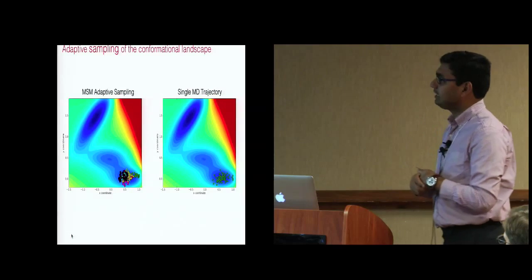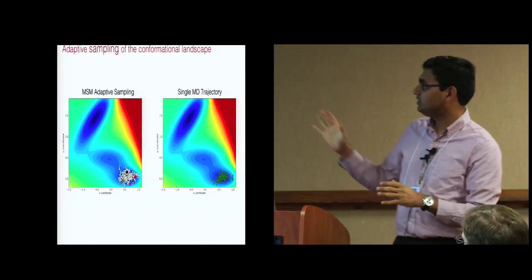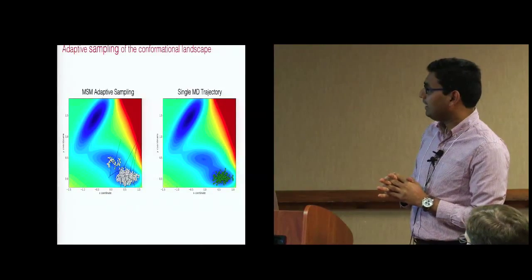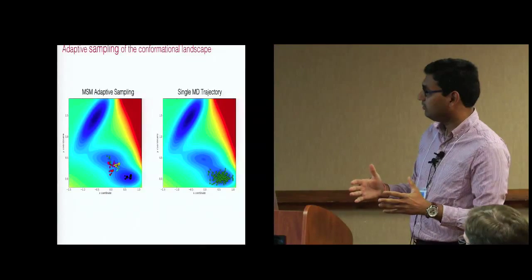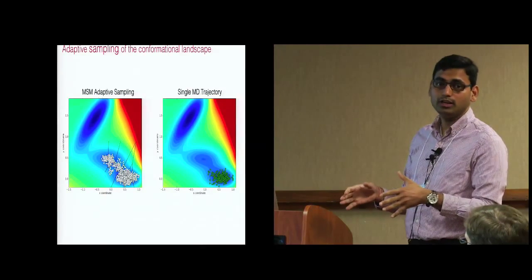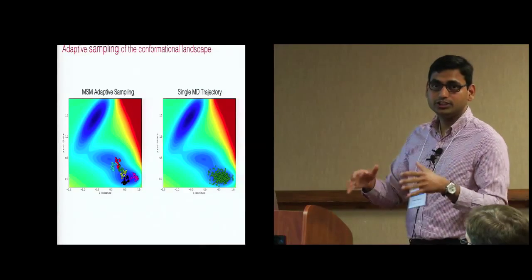And you can see how distributed simulations running over multiple nodes explore the edges of your conformational landscape much more efficiently than single molecular dynamics simulations that are just sitting in a basin.